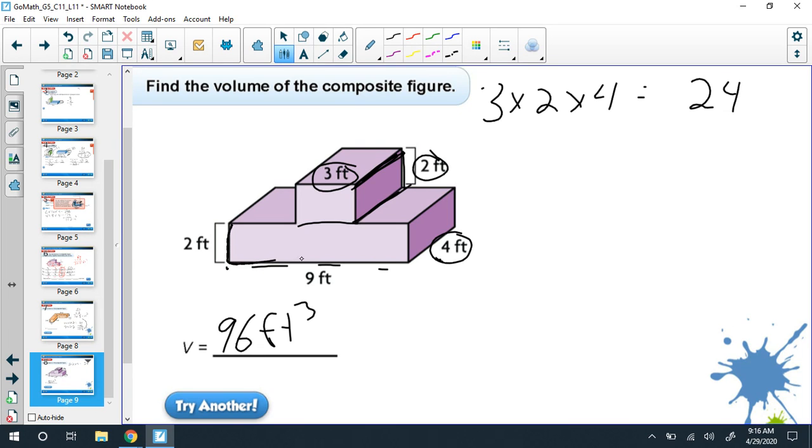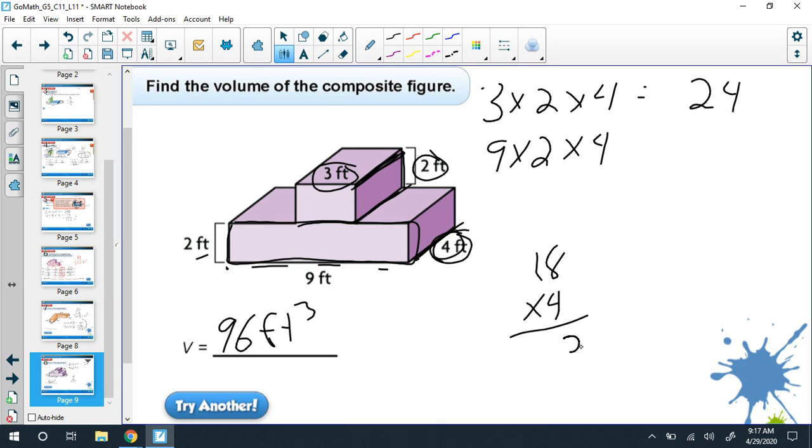Then down here, we're going to get the volume of this base, and it is 9 by 2 feet tall by, again, 4 feet deep. And here we get 18 times 4. It's a little bit harder, so I need to do that over here on the side. See, 8 times 4 is 32, and then that's 4 plus 3 is 7, so 72.